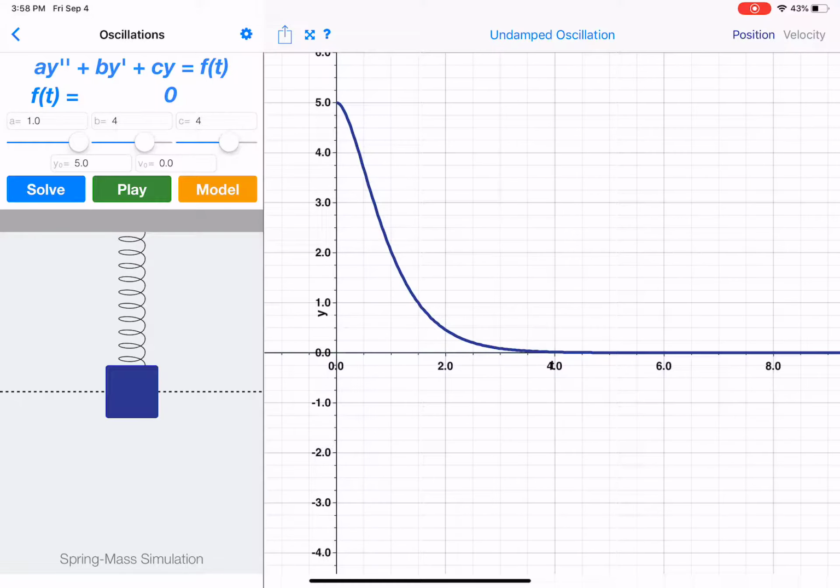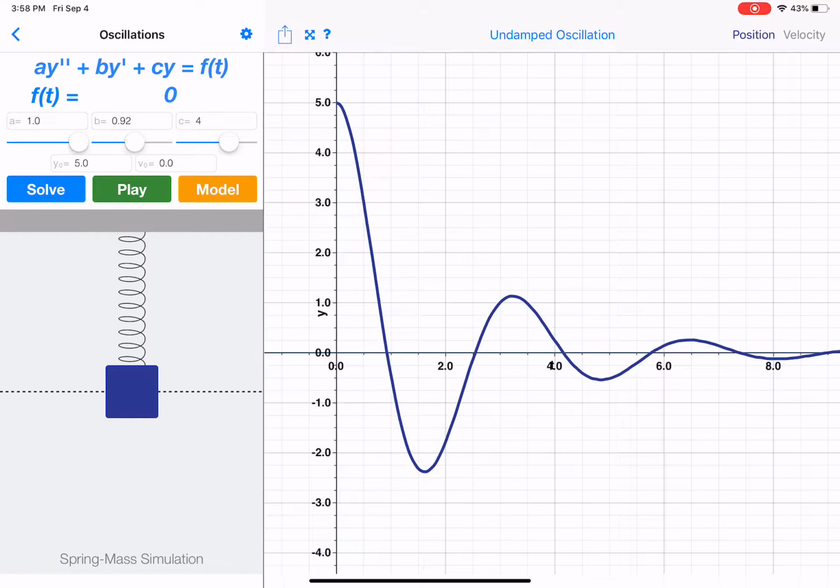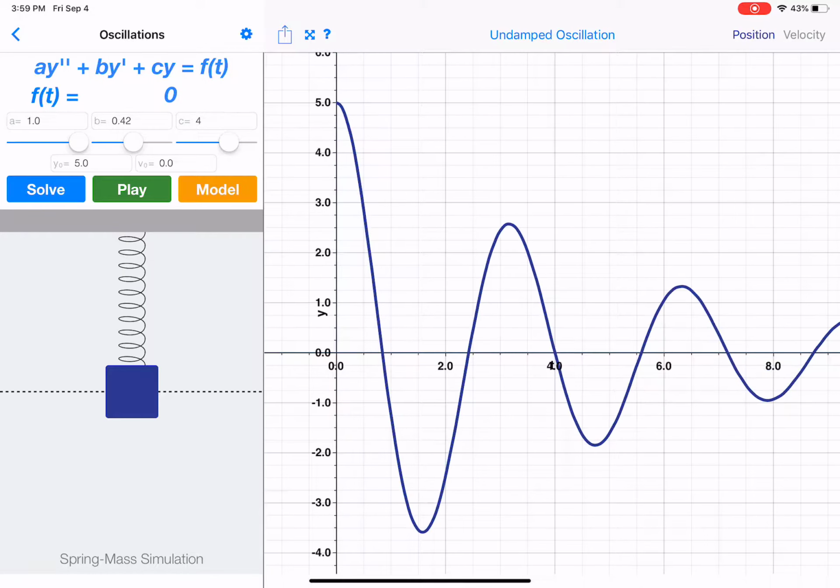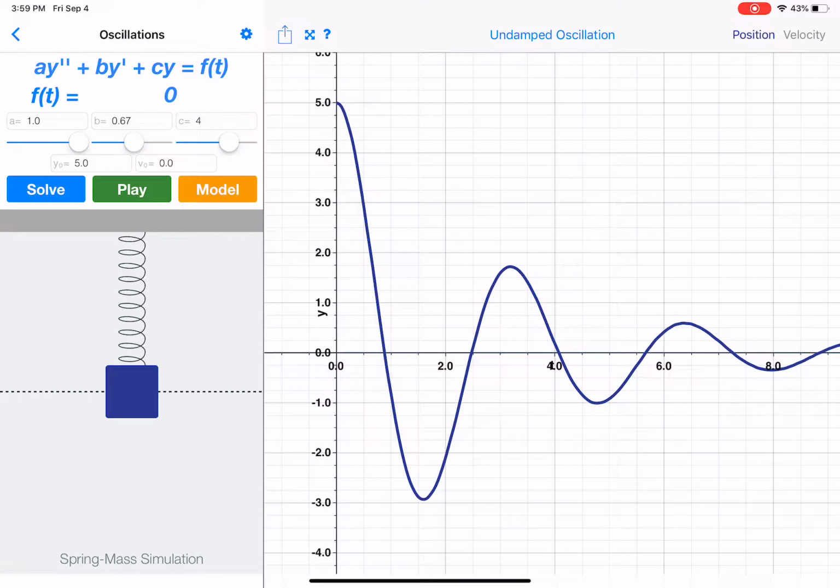If I decrease the friction just a little bit, notice that I get an oscillation immediately, just a little bit of decrease from 4 creates an oscillation. And then I end up with an underdamped oscillator. Let me play this one for you so that you can get a good sense of what the underdamped oscillator does. Okay, so it oscillates back and forth.